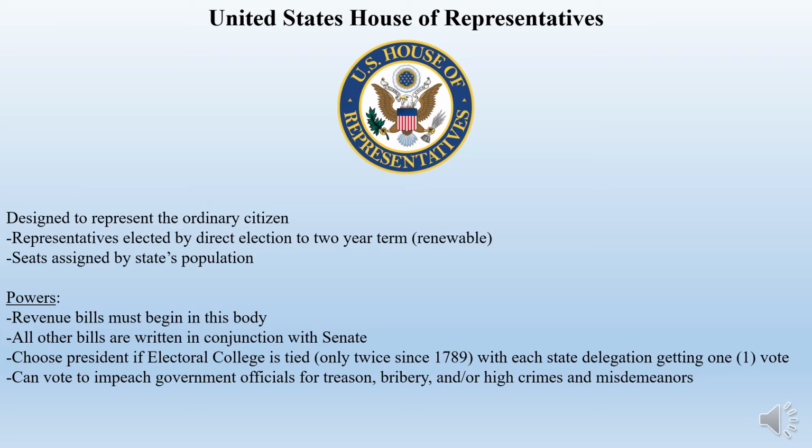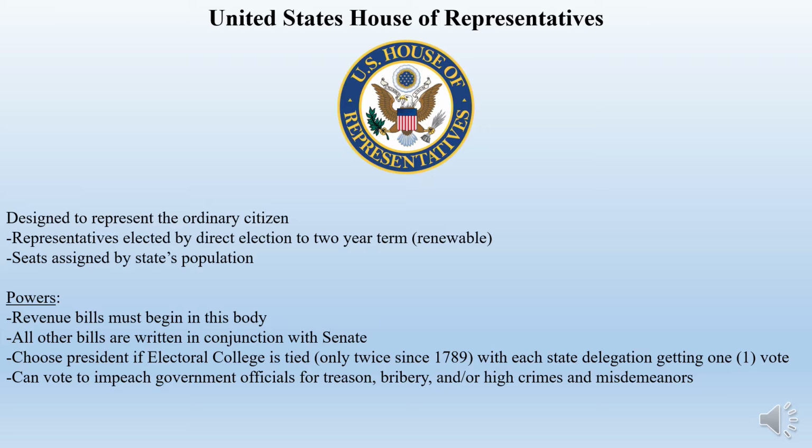Therefore, you should have as much say over those representatives as you possibly can. Now, there is no term limit. You can run as many times as you want. The age requirement is 25 for the House. It's 30 for the Senate.